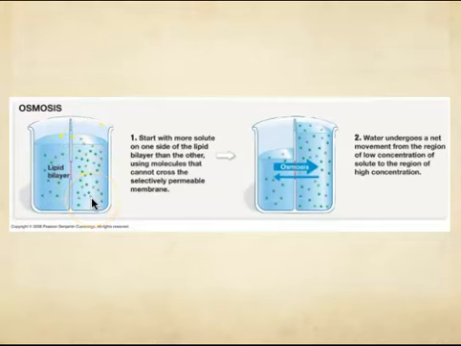Remember, nature wants equilibrium to occur on both sides of this membrane. An equilibrium of concentration, number of particles per volume of water. If the particles can't move, the water will, and it will move towards the particles that have a higher concentration so that they will become more dilute.